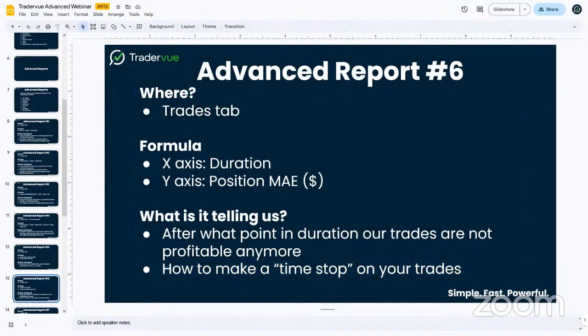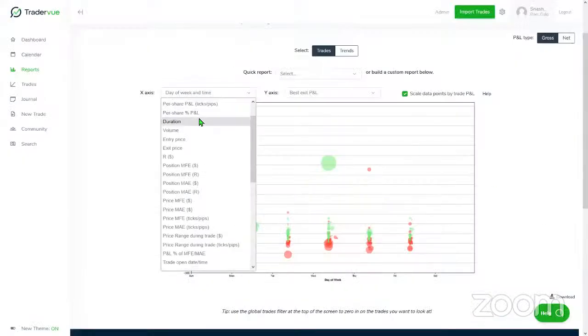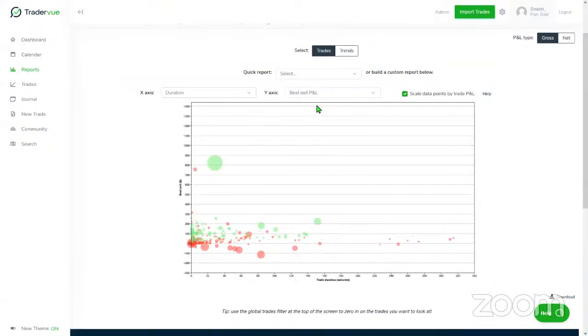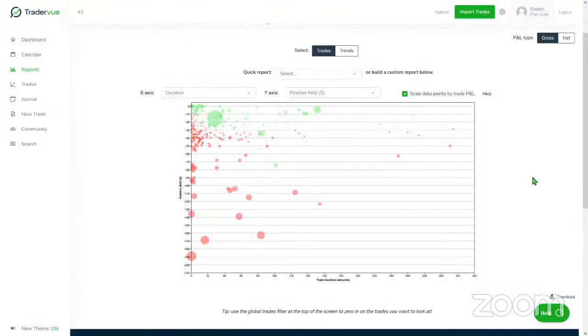This is basically something we're going to identify, hopefully. Let's take a look at the data here. So x-axis duration, what was the position MAE? Essentially position MAE is telling us the max adverse excursion that the trade went against us.